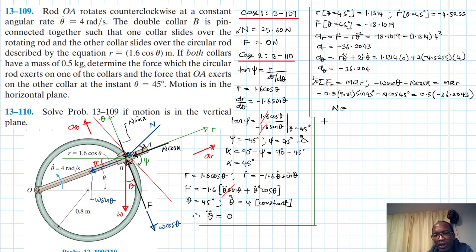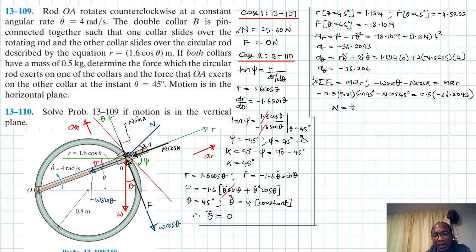Therefore, our N will just be equal to, the minuses all cancel, so we have 0.5 times 36.2043 minus 0.5 times 9.81 sine 45, then divided by cos 45.